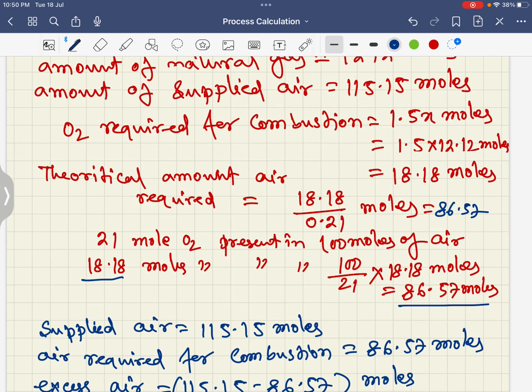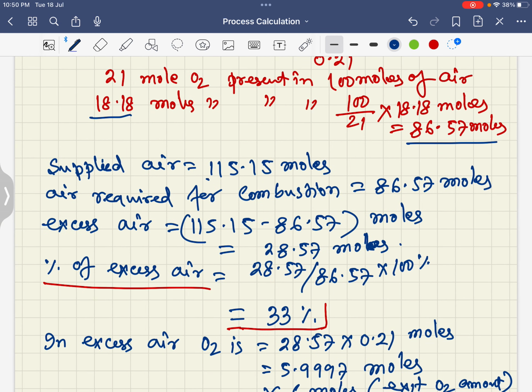Now what will be the excess? Supply air is this, and air required for combustion is this, and excess air is 28.57. So percentage of excess air is excess by theoretical, where theoretical means the air required for combustion, that is 86.57. So 28.57 by 86.57 into 100, then we get 33% excess air.